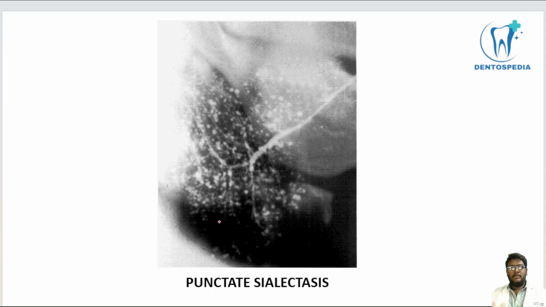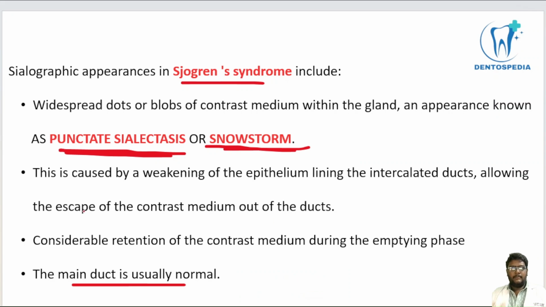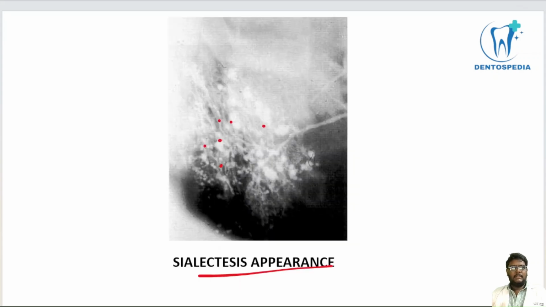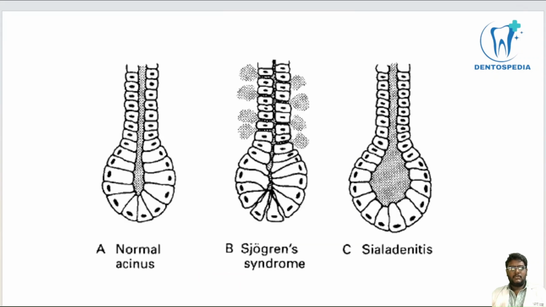So what is the main difference between punctate sialectasis and normal sialectasis? Usually the size of the blebs. Here you can see punctate sialectasis has smaller dots when compared to the normal sialectasis pattern, right? And how do we get this pattern?